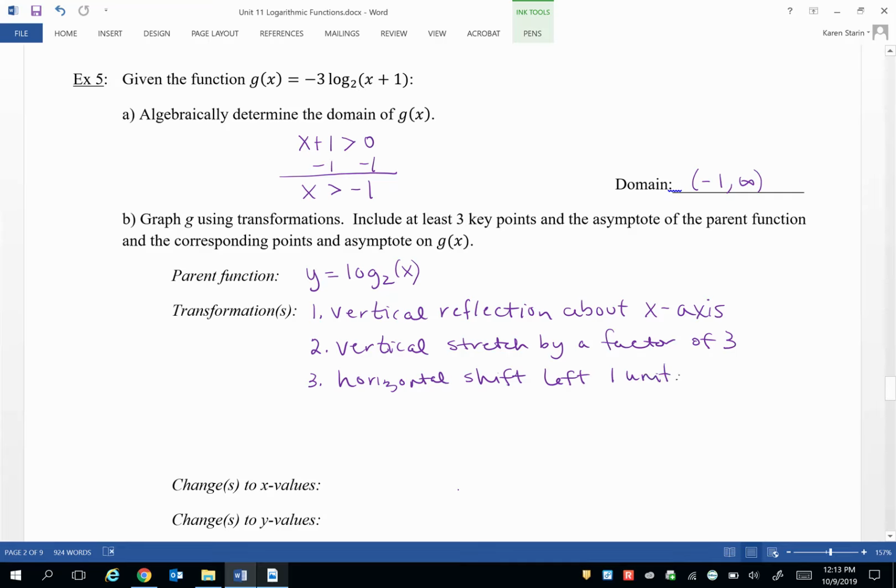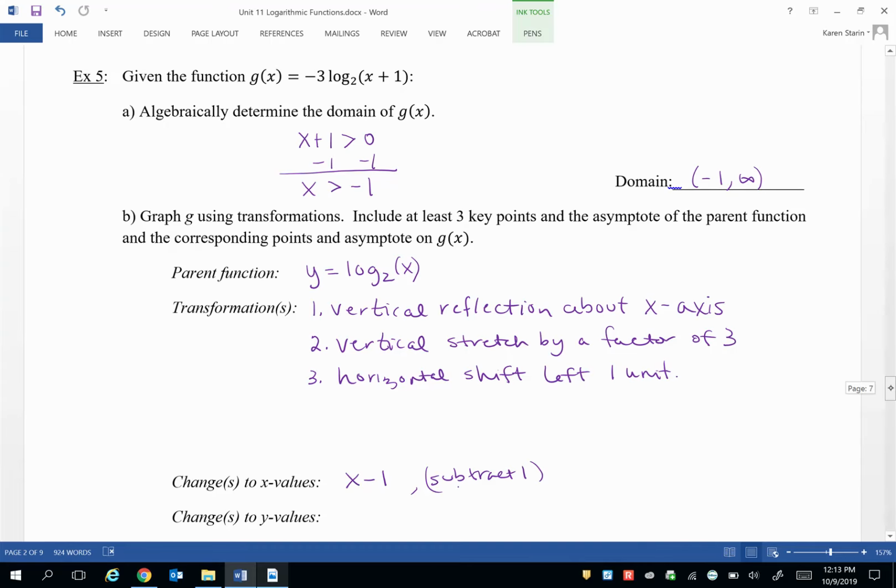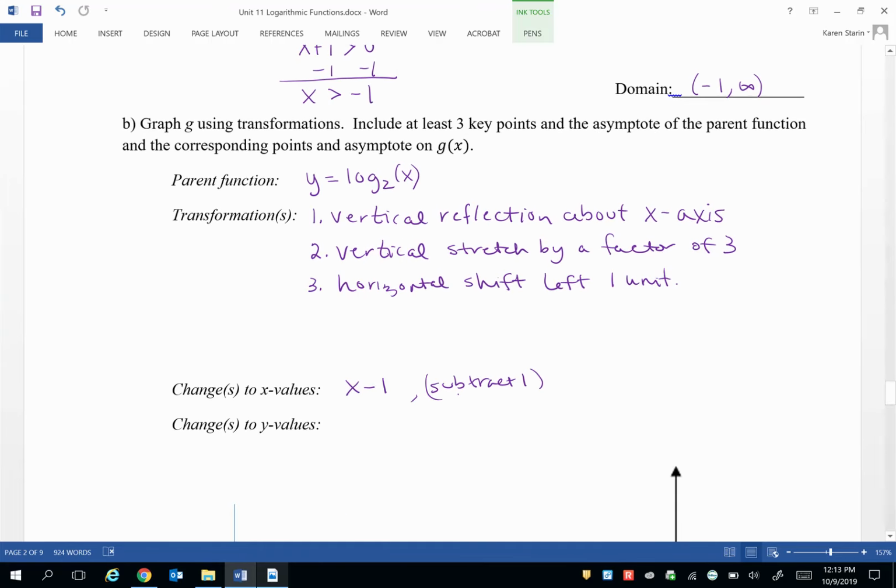So what happens to the x values? Well, we just take every x value and subtract 1. I'll just write that in parentheses. What's happening to the y values? Well, there's two things happening.